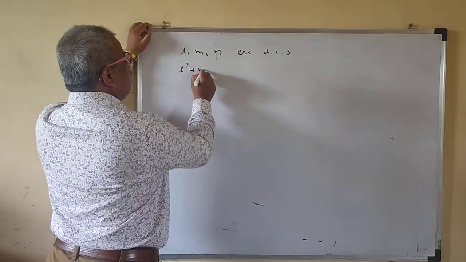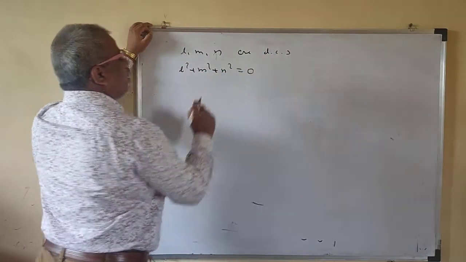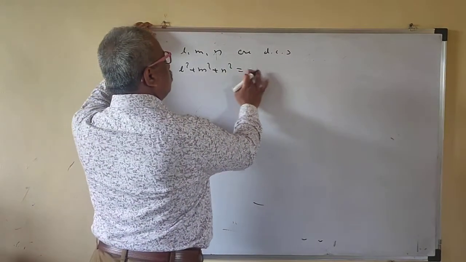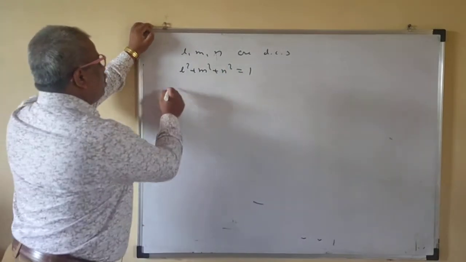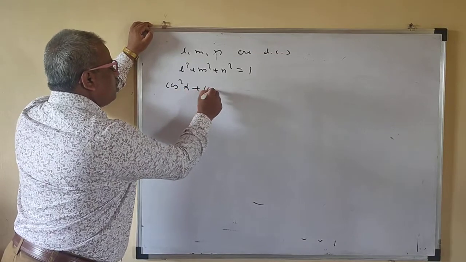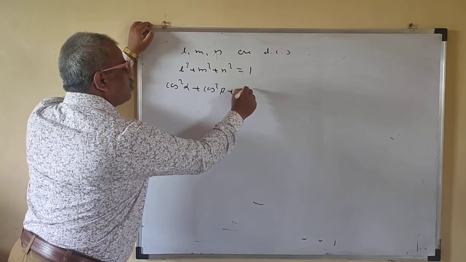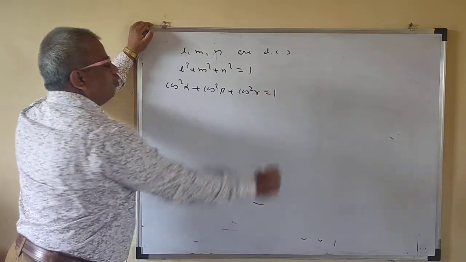Then L square plus M square plus N square is 1, not 0. That means cos square alpha plus cos square beta plus cos square gamma is equal to 1.